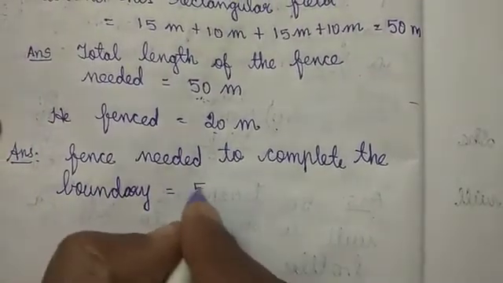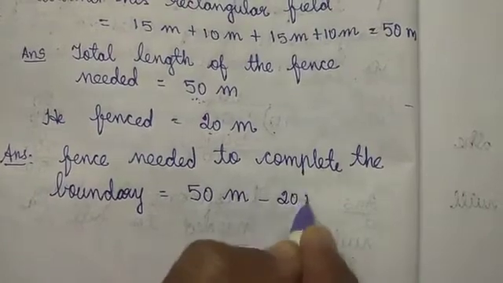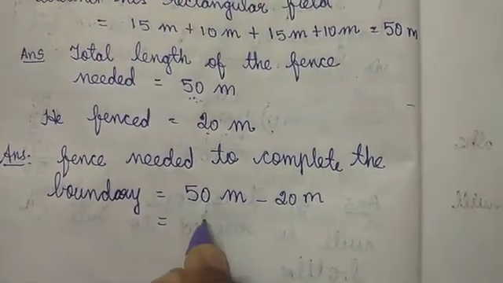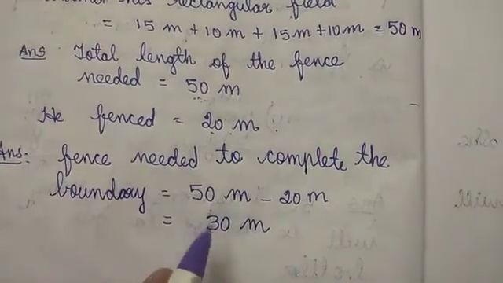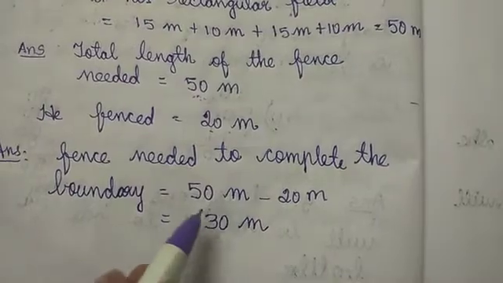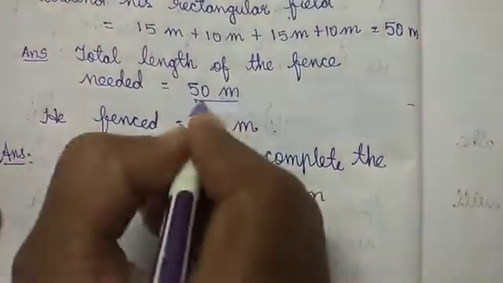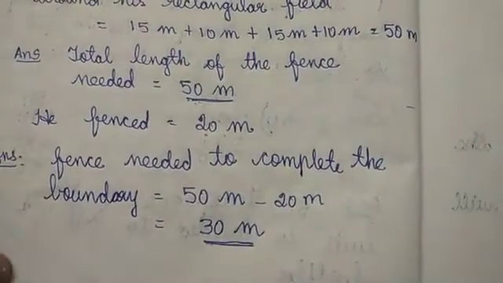So 50 meter minus 20 meter, what's the remaining, children? 30 meter. So how much fence is needed? 30 meter. So first answer is 50 meter and second answer is 30 meter.